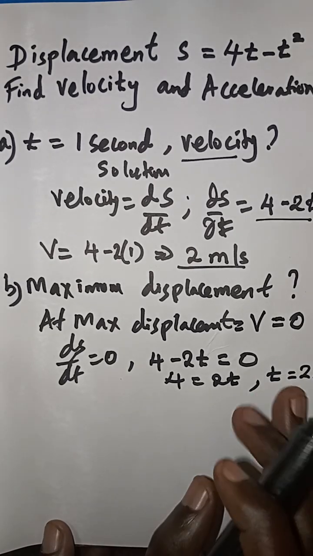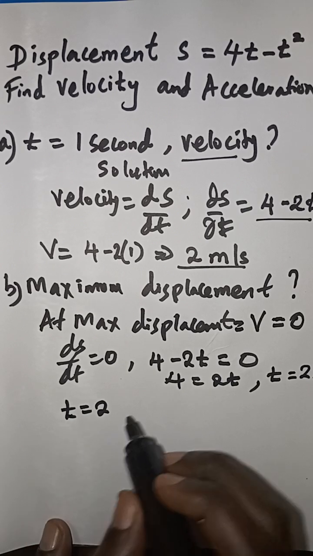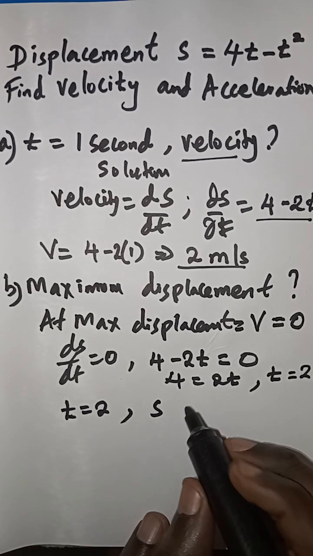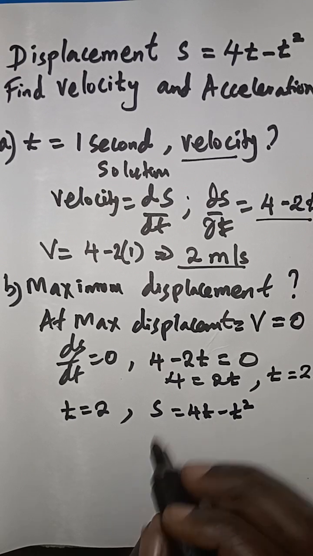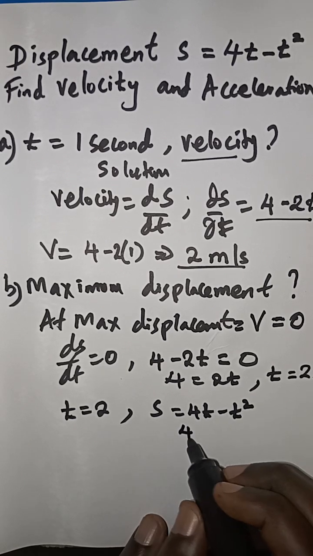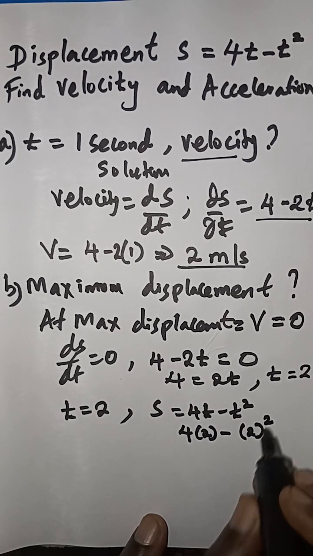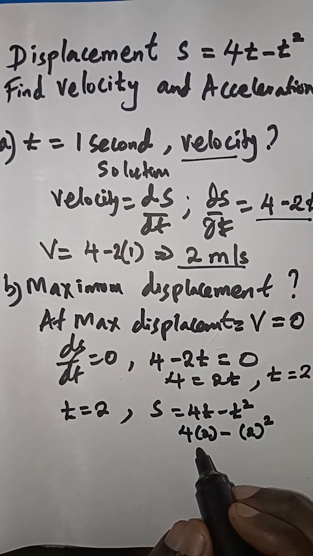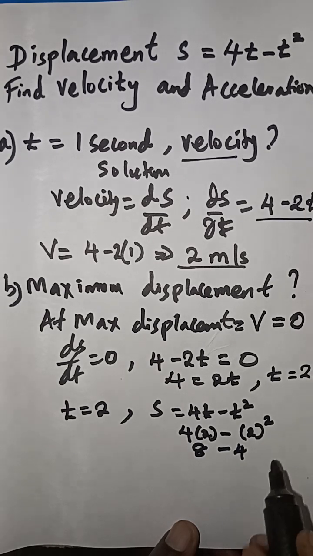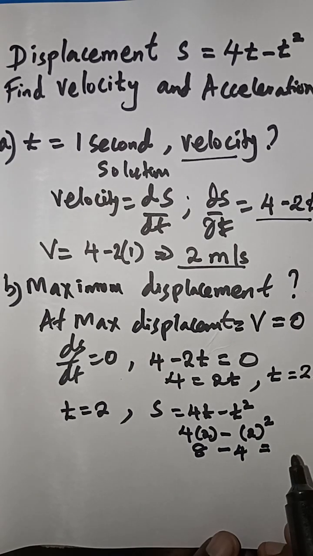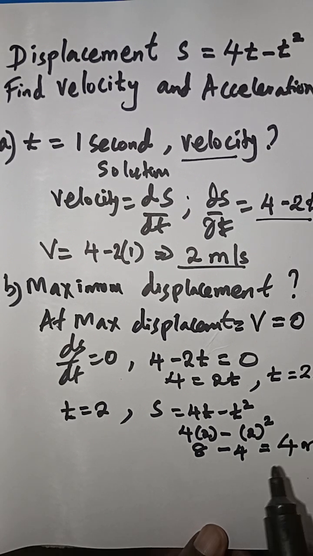When I substitute t equals 2 in our displacement function, which was 4t minus t squared, I'm going to end up with 4 multiplied by 2 minus 2 squared. Of course, this is 8 minus 4, and the displacement will be 4 meters.